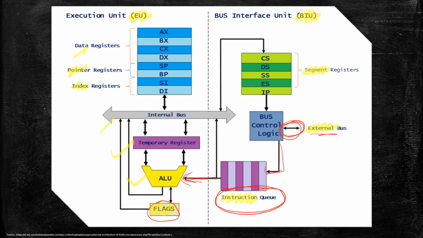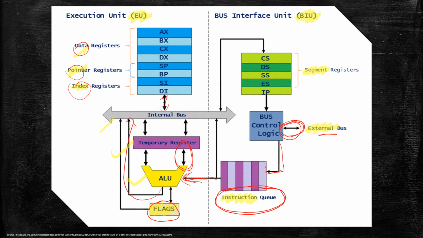Suppose it requires some temporary register to store the value because your memory is busy. In that case, it will send that data to the temporary registers. Suppose it is not that, in that case, it will go to the internal bus. Through the internal bus, it will set the different registers, all the registers: index registers, pointer registers, and data registers.